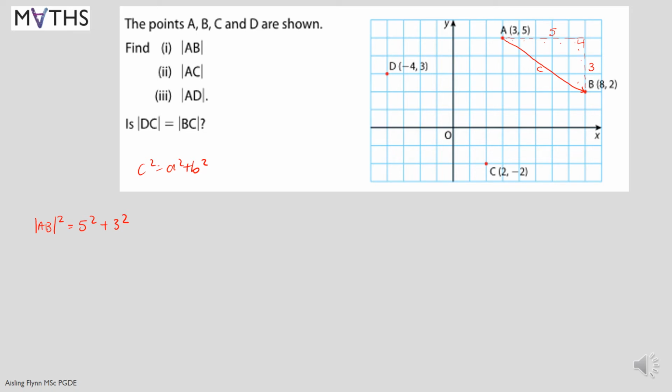Okay, AB squared is equal to 25 plus 9. AB squared is equal to 34, and so AB is equal to the square root of 34. Okay, and so we'll just repeat that for the other questions.